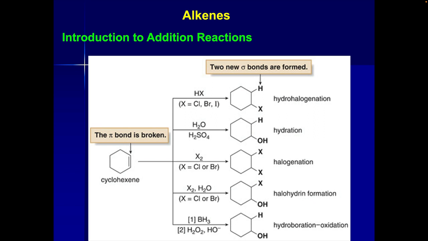So I can take an alkene and I can make a 1,2-dihalide. Where do I get that name? Di meaning two, halide meaning halogen. What halogens work here? Bromine and chlorine. Iodine doesn't do this. Okay? Fluorine doesn't do this.